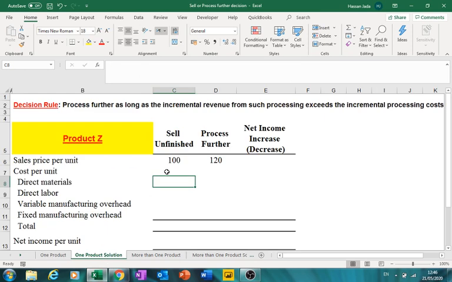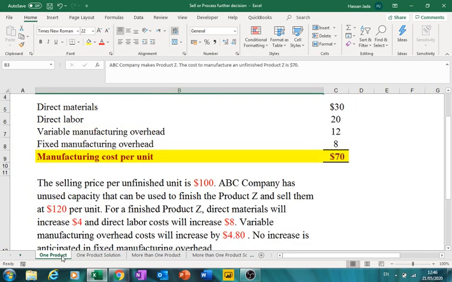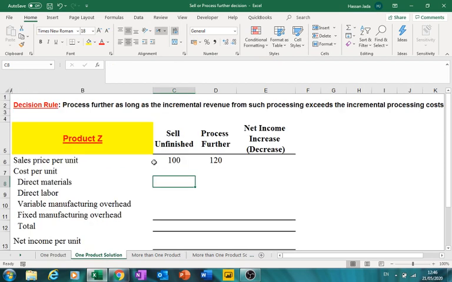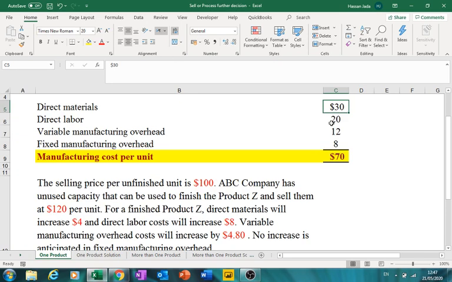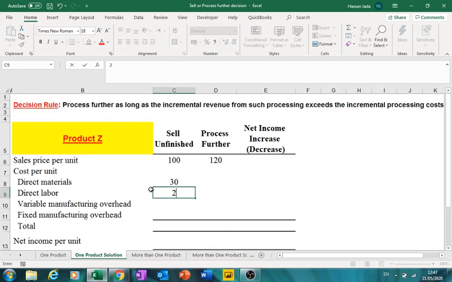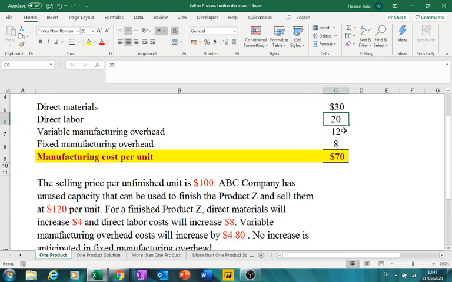We have the cost per unit for direct materials of $30. We put here $30. For direct labor, $20. For variable manufacturing overhead, $12.